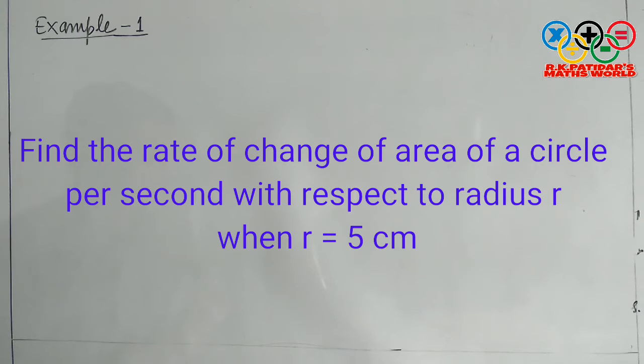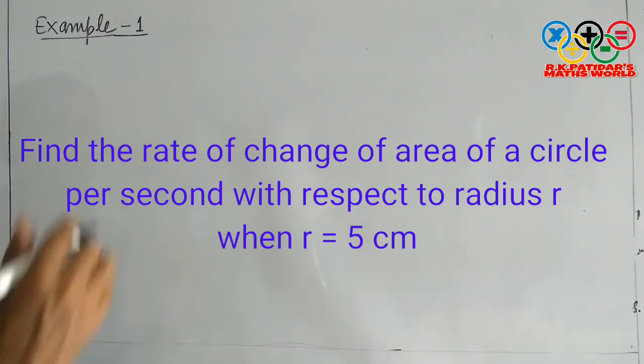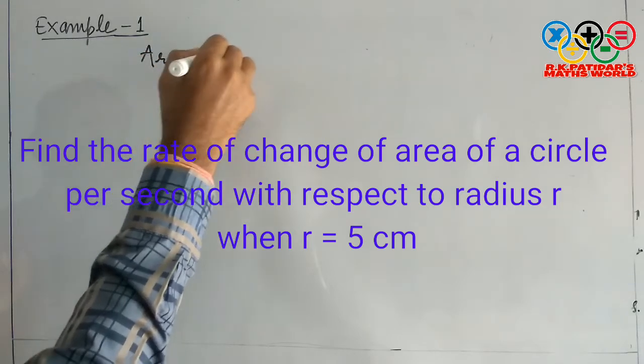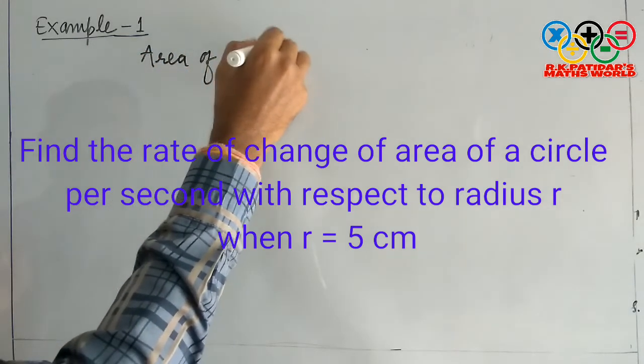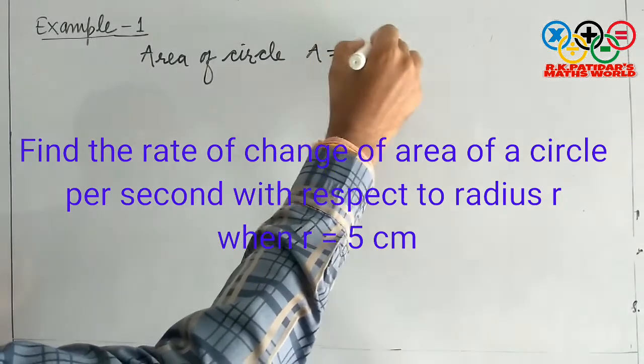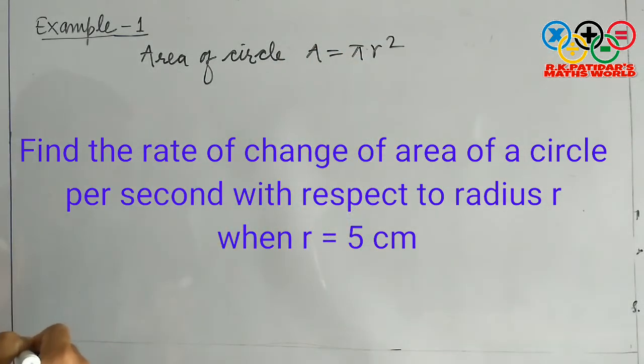Now we will solve example number 1 on the basis of this concept. Find the rate of change of area of a circle per second with respect to its radius when the radius is equal to 5 centimeter. We know that the area of a circle, which we represent by A, is pi r square.